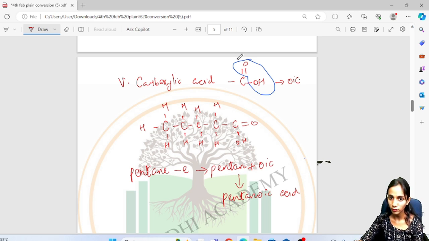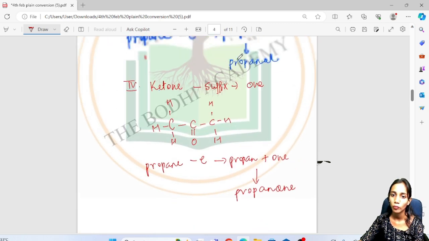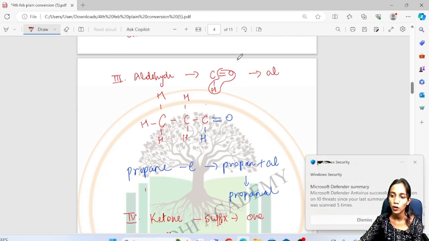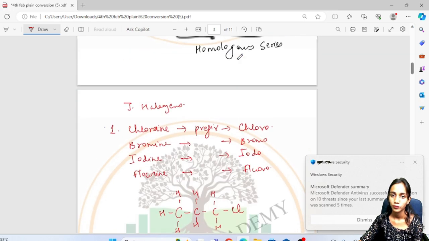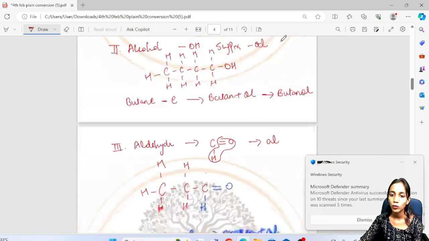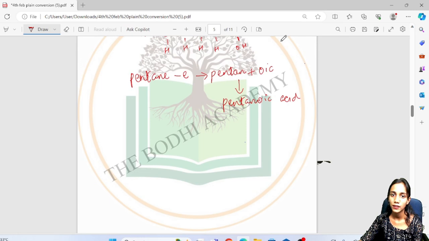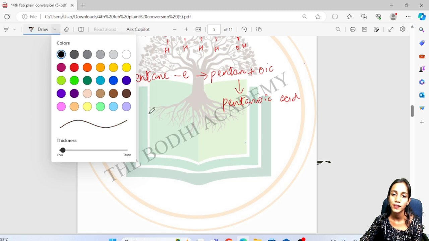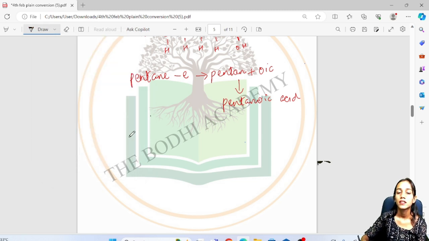Yes, so this is how the nomenclature changes with the addition of functional groups. Now one more thing is that the hydrocarbons can also be present in the cyclic form or as a closed chain.